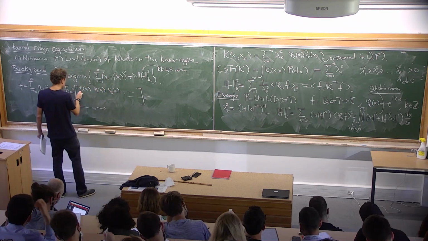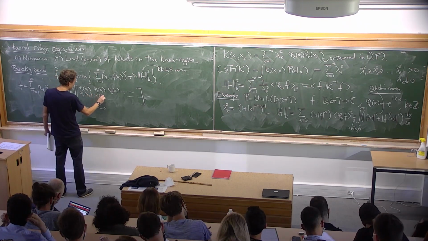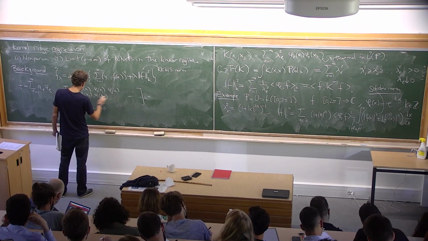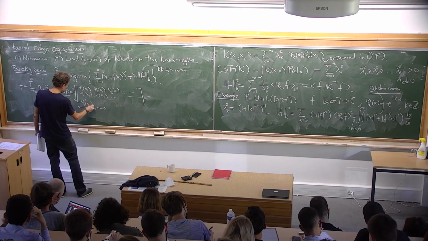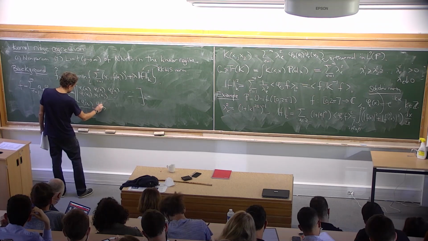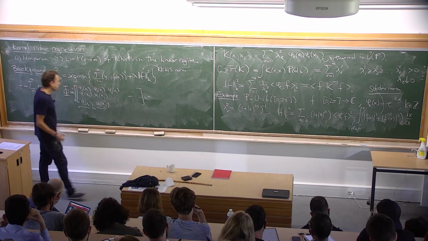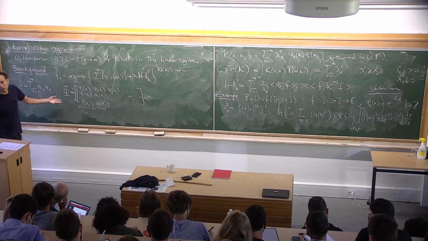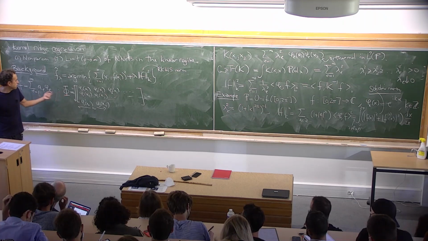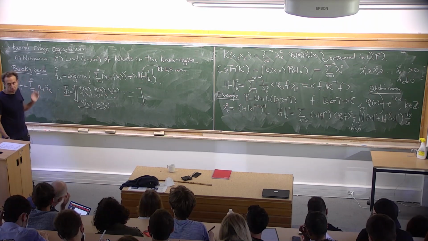So the second row is phi1 of x2, phi2 of x2, etc., and the last is phi1 of xn, phi2 of xn. So when you are doing kernel ridge regression, it turns out you are just doing a ridge regression with these infinitely many parameters, with this infinite matrix.